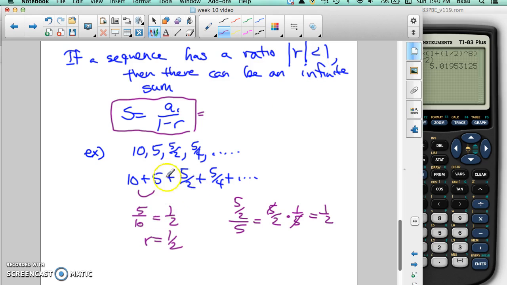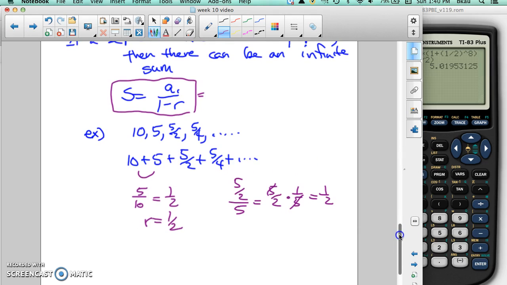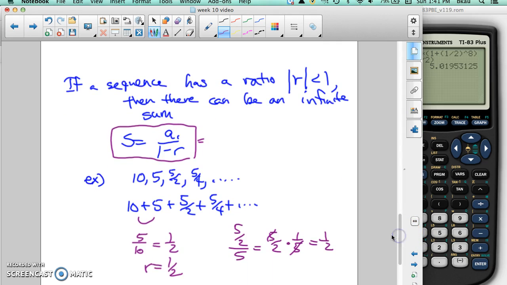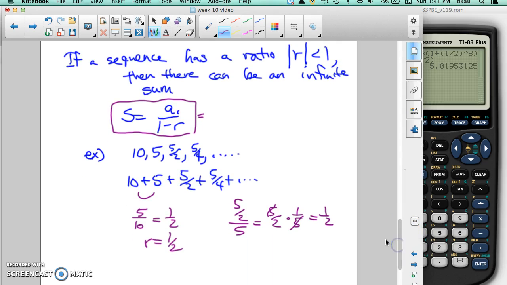So we can actually find the sum of all of these. We don't have to stop at the 8th term. We can continually add these up, and it's going to get close to a certain number. Now if the absolute value of r is not less than 1, then we can't have a sum that converges. It will diverge, which means it just gets bigger and bigger, and it will never approach a value.